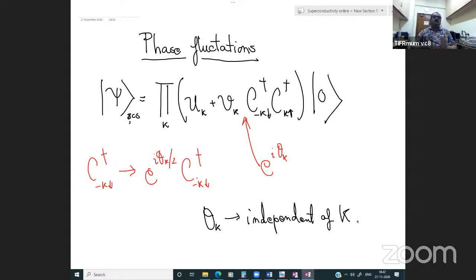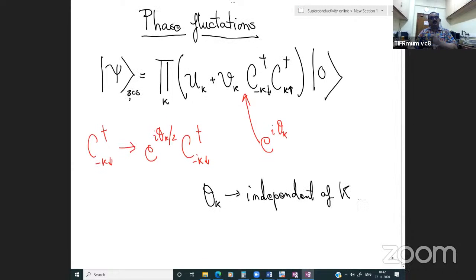But when we went and solved the finite temperature properties, when we did the excited state, we did not bother about theta k anymore. Not bothering about theta k is an approximation that BCS had made.